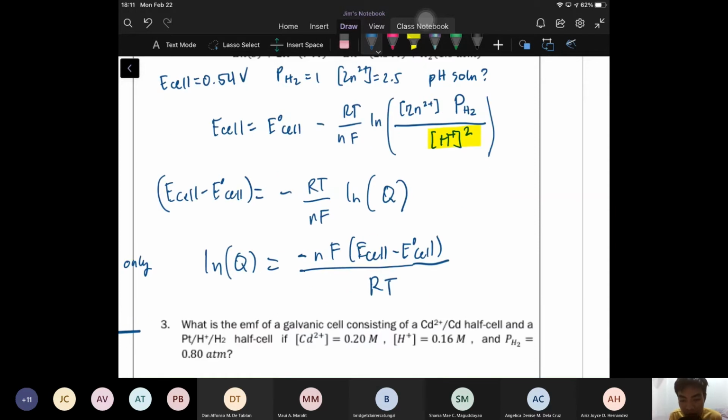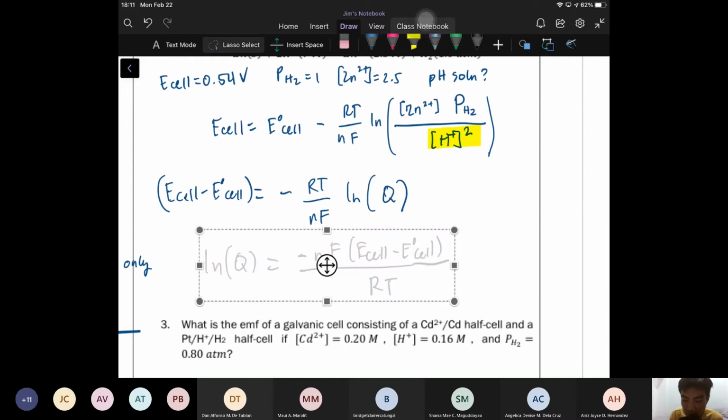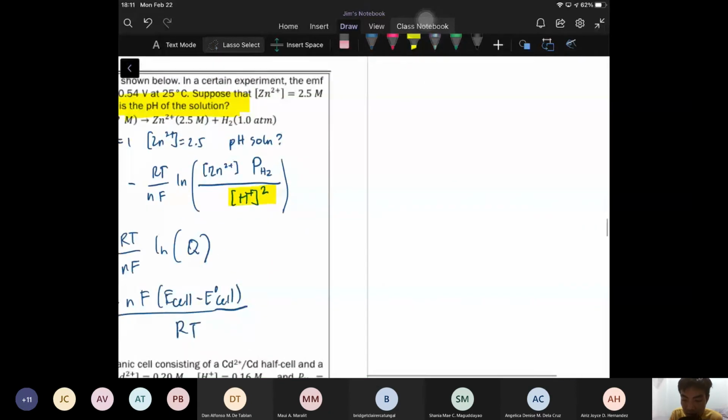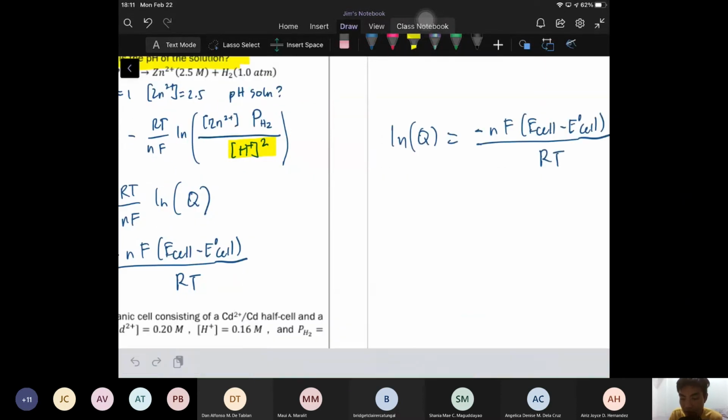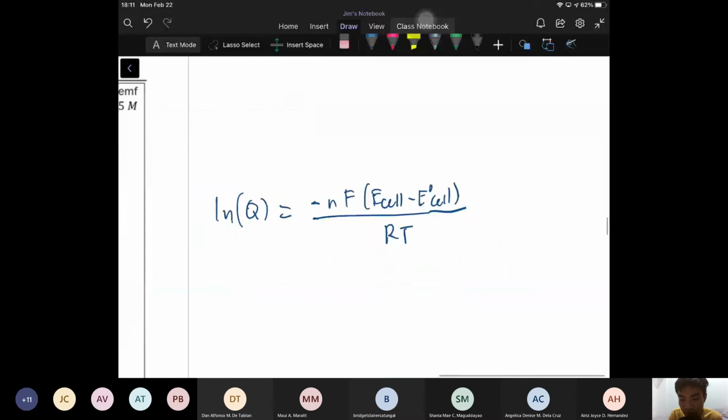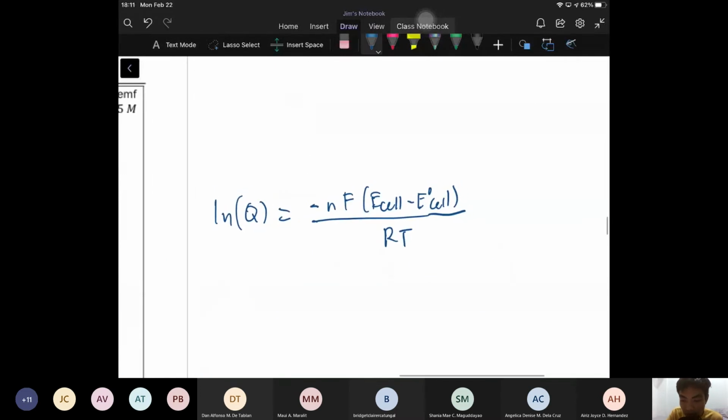To solve for Q, kasi nasa loob yung H plus natin, kailangan tanggalin natin yung ln. How? We get the exponential of the equation na to. Let me copy this na. Lagay ko dito sa kabilang side. Again, yung H plus natin nasa Q, so palabasin natin yon.